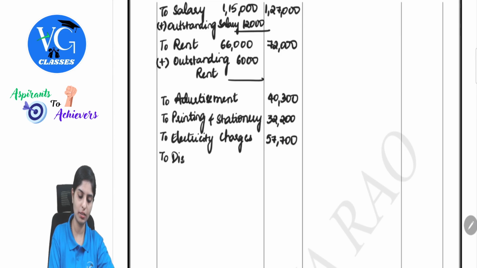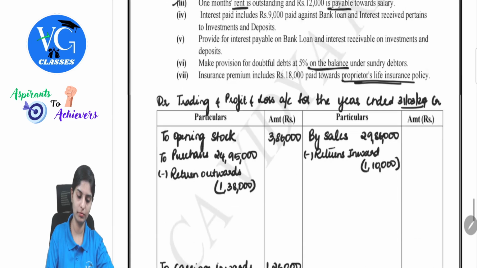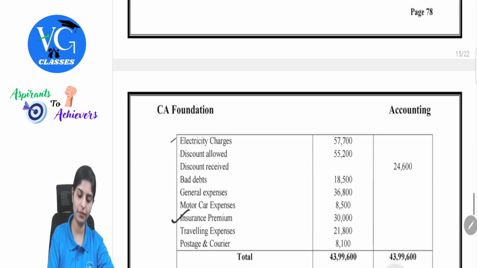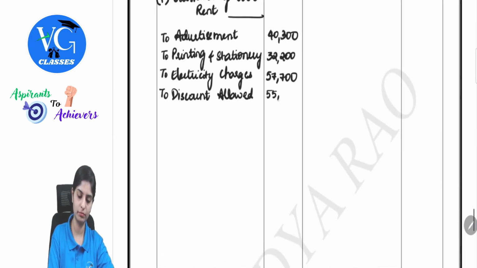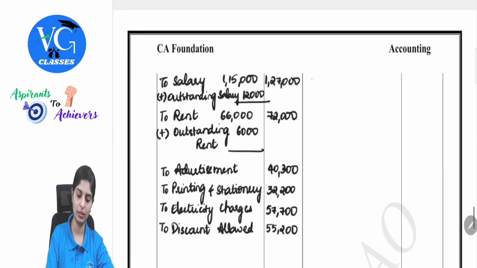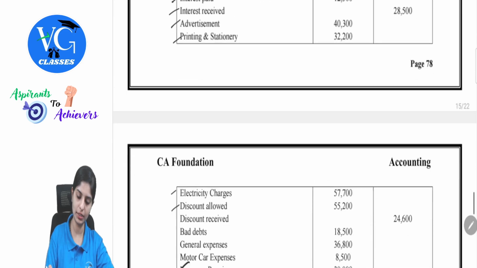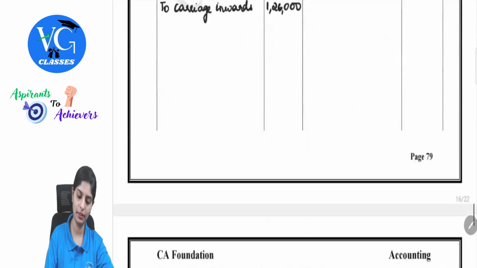Then there is discount allowed, that is 55,200. Discount received, that is 24,600.